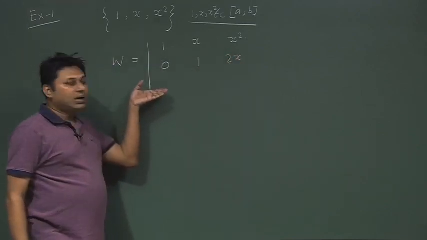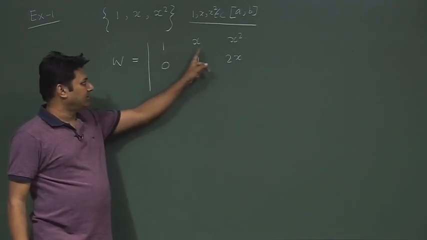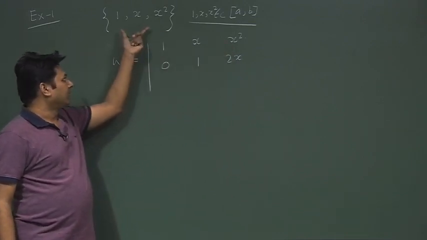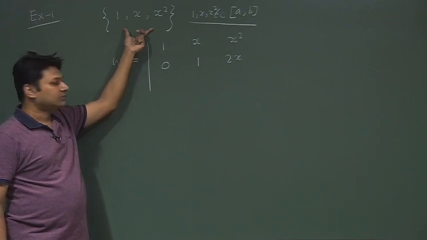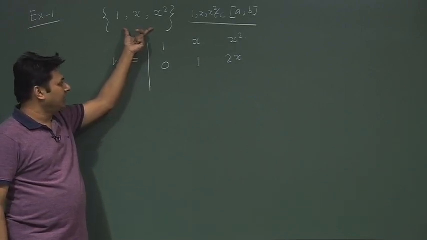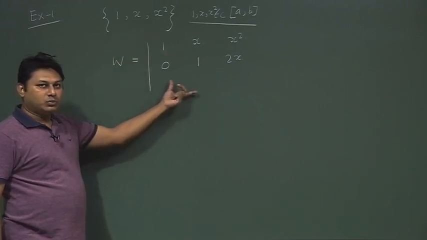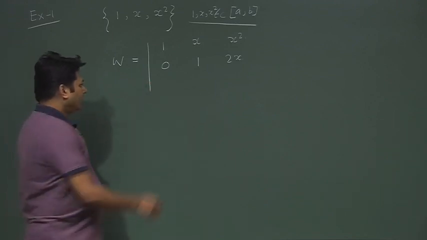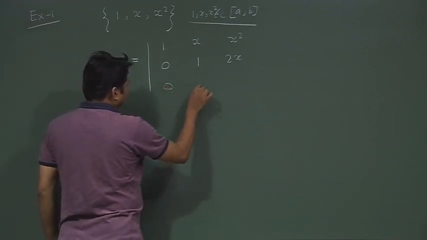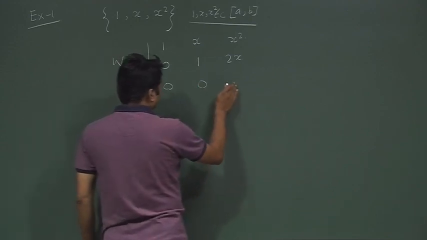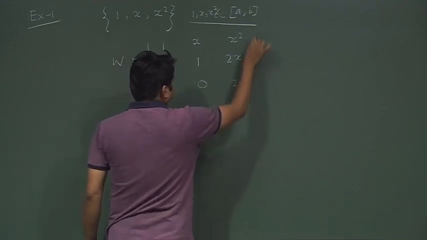Then I need to differentiate once again, because there are 3 functions, so the order is 3, and I need to go up to the second derivative. Again it will be 0, 0, and the final value will be 2.